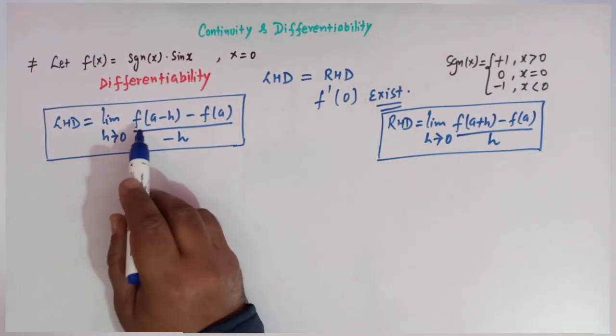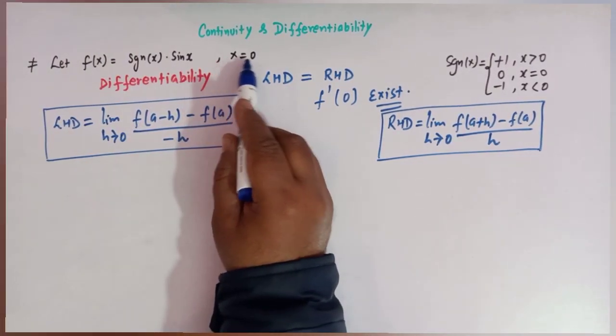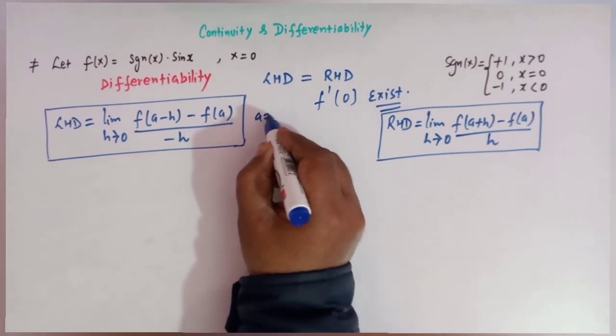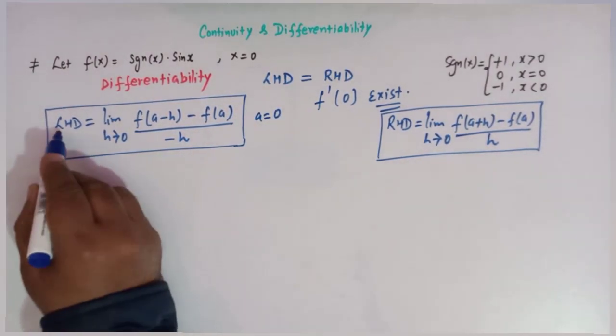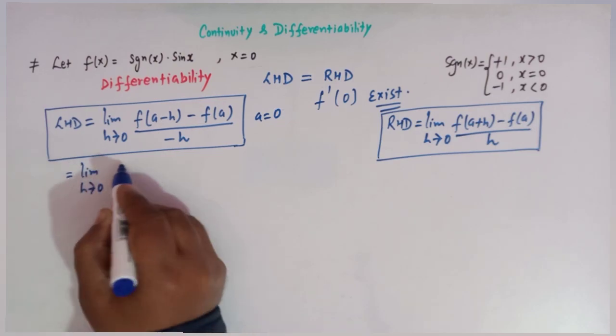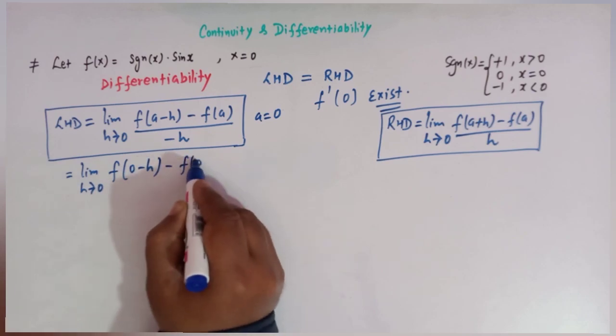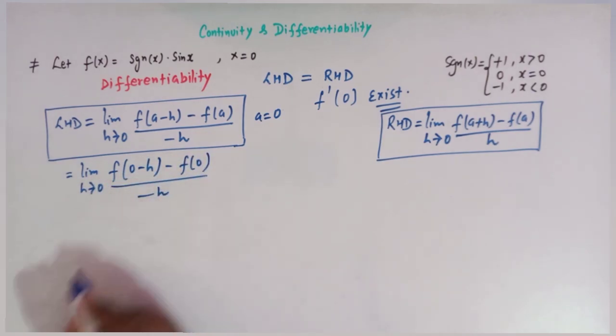Now this point a is our x equal to 0, so a is 0. The left hand derivative is the limit h tends to 0 of f of 0 minus h minus f of 0, divided by minus h.